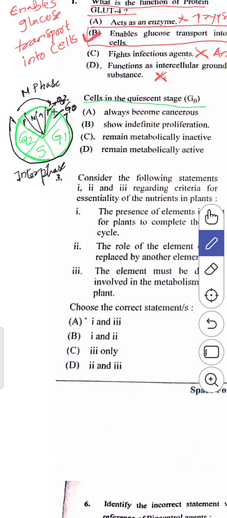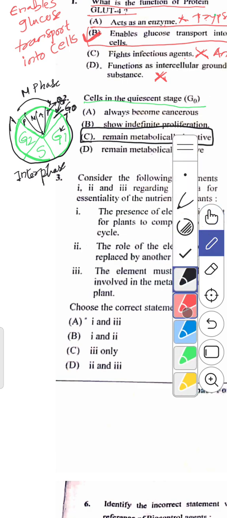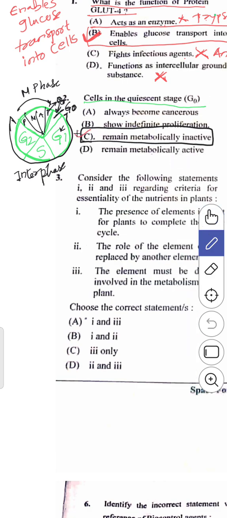Soon after this, these cells may enter into G0 or they may enter the cell cycle again. If the divided cell enters G0, then this G0 or quiescent stage is also called a resting stage, where the cells remain metabolically inactive. They will not do any process or activity. Hence C is the right answer for this question. That is, they remain metabolically inactive.